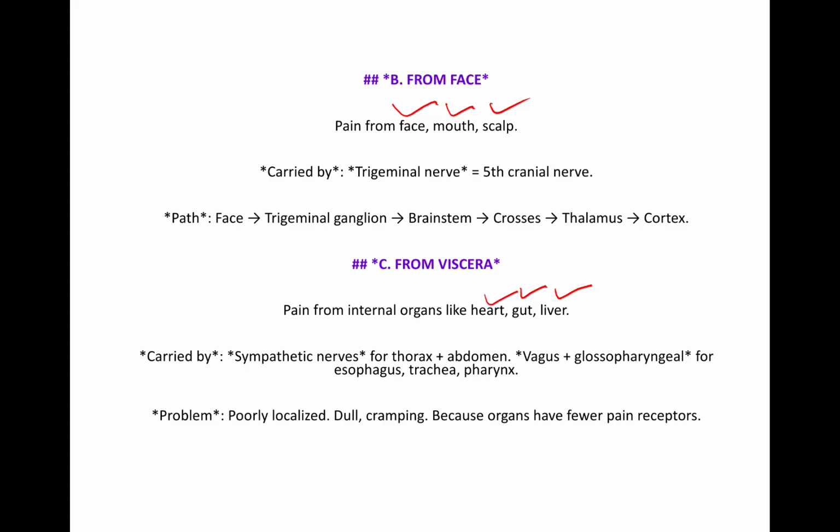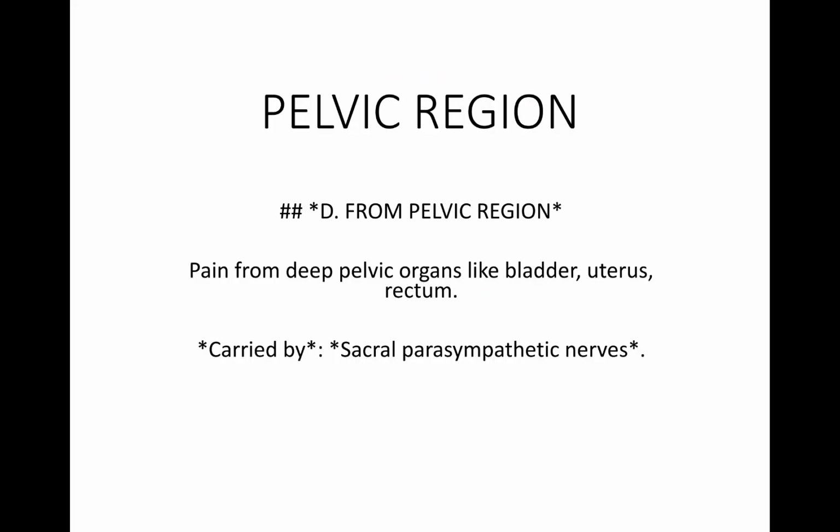The problem here is it is poorly localized, dull and cramping type of pain. Why will this happen? Because organs have fewer pain receptors, so it cannot be localized easily.